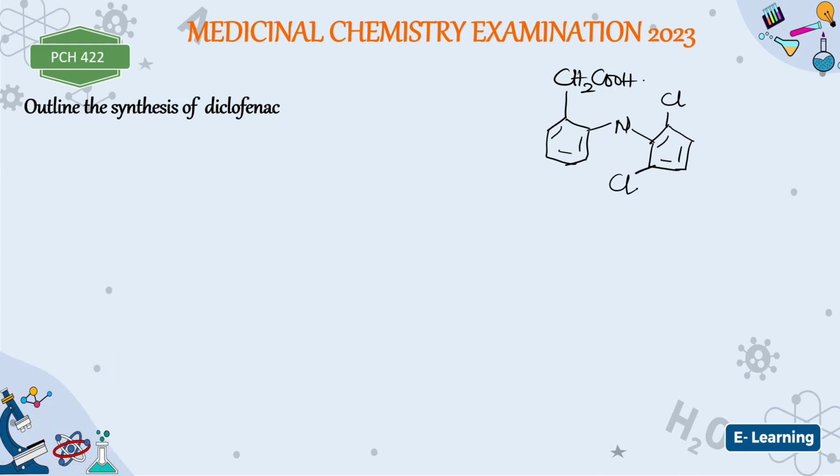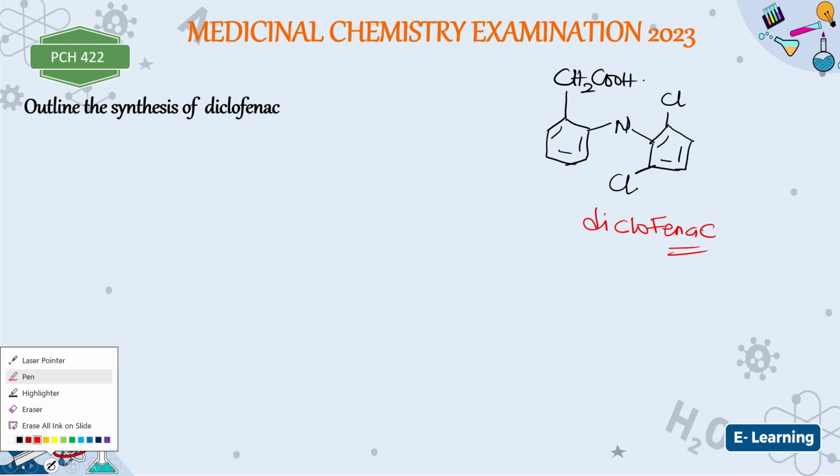Alright? So how do we synthesize diclofenac? What do you think we can actually do to synthesize diclofenac? Now the synthesis of diclofenac starts with something like this. Think if I'm right.